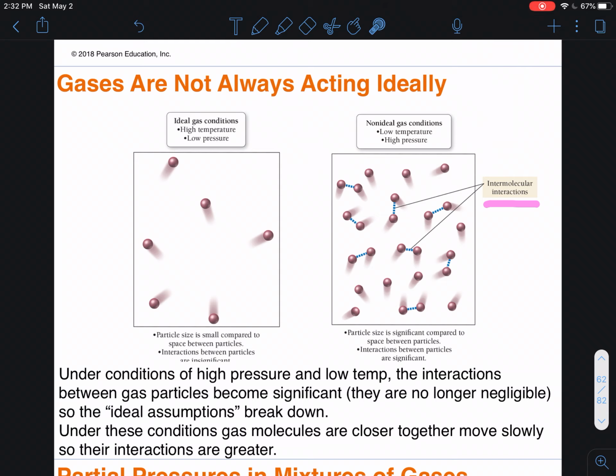So when they do behave ideally, that's under situations of high temperature, where the gas molecules are moving fast and they can just zoom past each other, and low pressure, where there's lots of space in between them. Non-ideal gas conditions are when we take high pressure, we condense the gas molecules and force them into a smaller space, and low temperature, we slow down the gas molecules and essentially force them to interact.